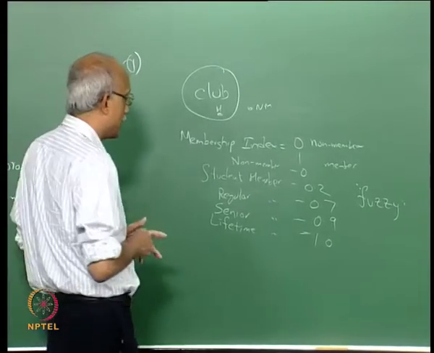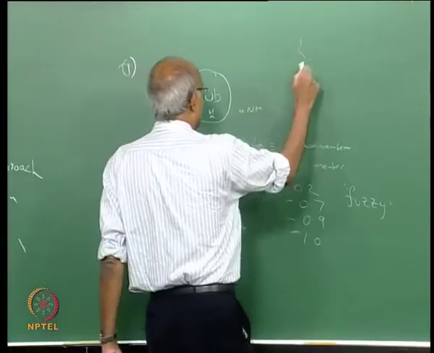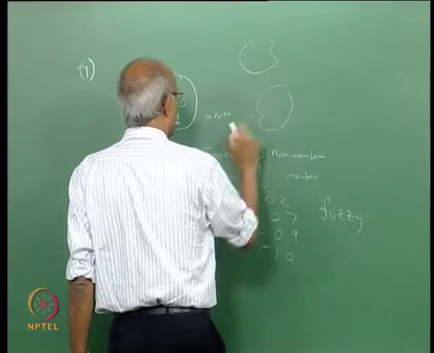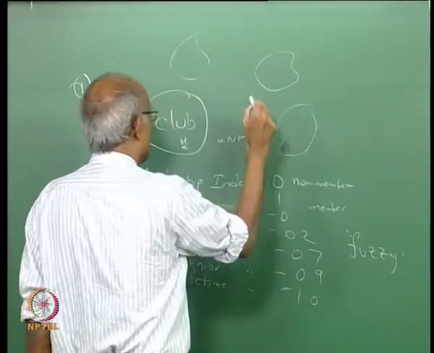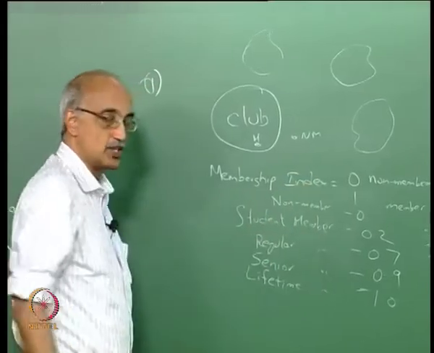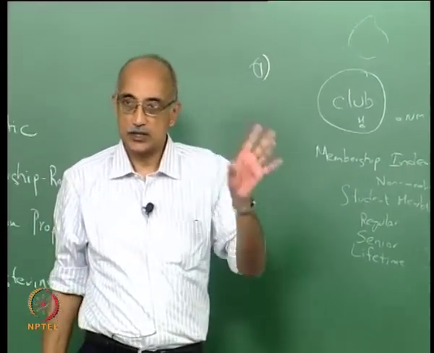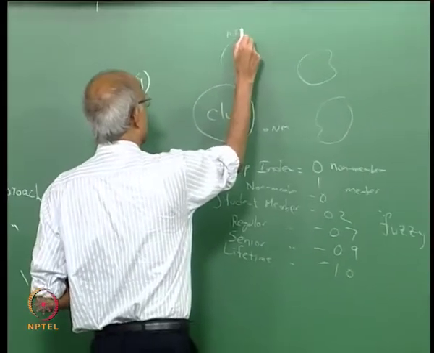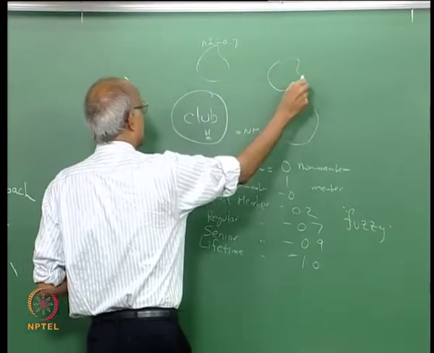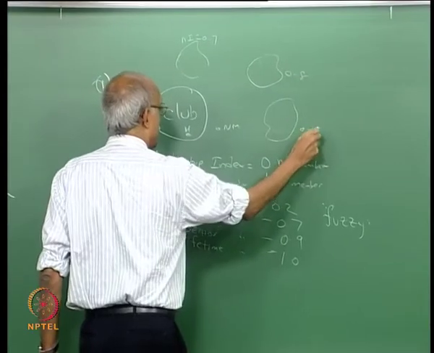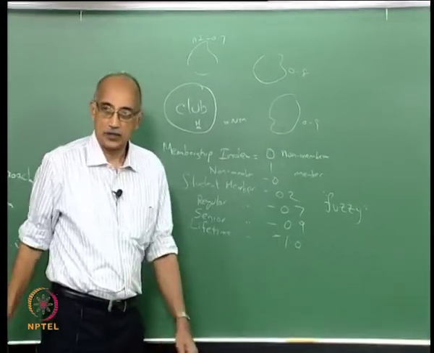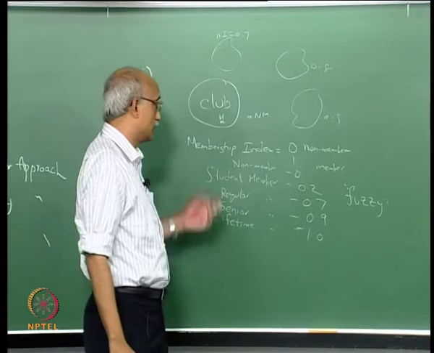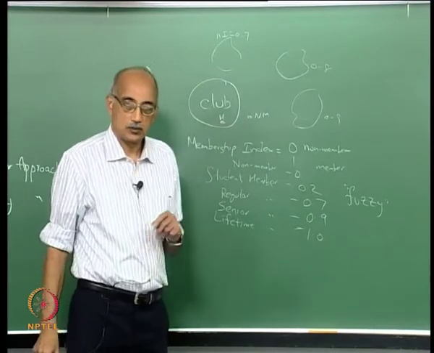So let's say again that you have multiple shapes that you are comparing to, and you compute this membership index for each of these candidate shapes, and let's say that the membership index here is 0.7, here it's 0.8, here it's 0.9, and so on, right? So once you have done this exercise, what do you conclude?